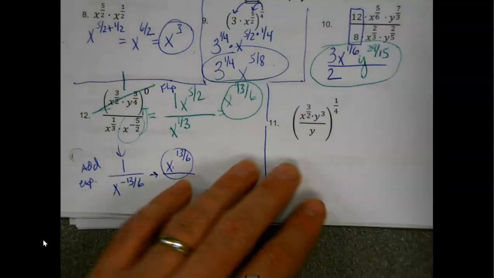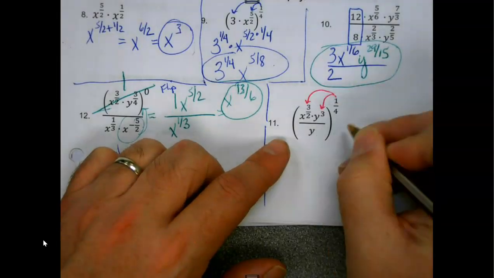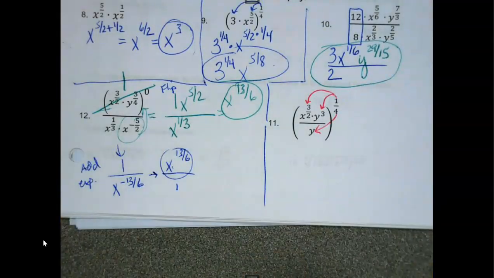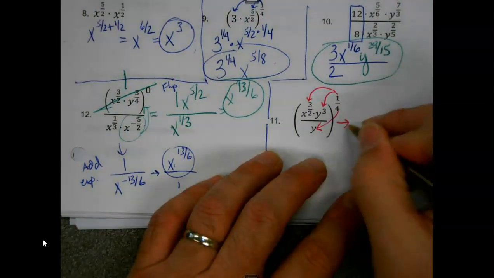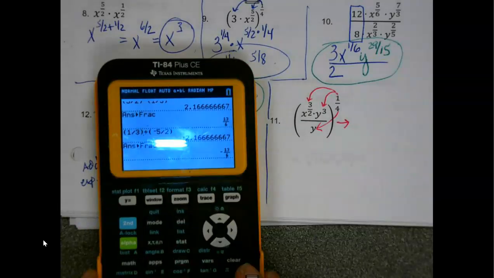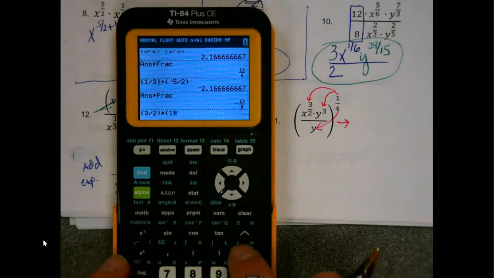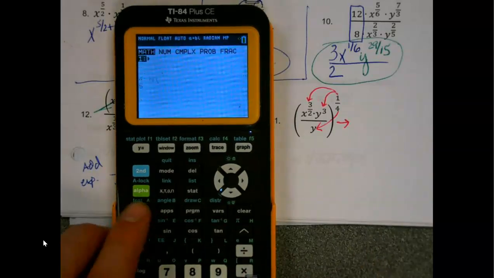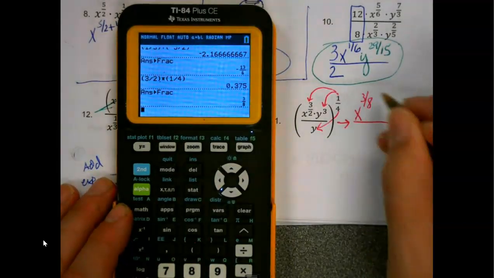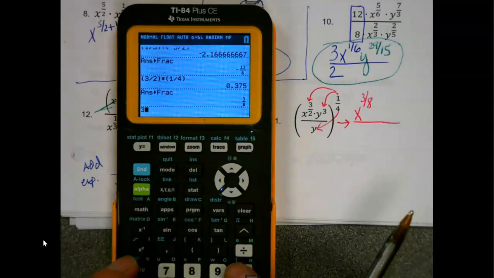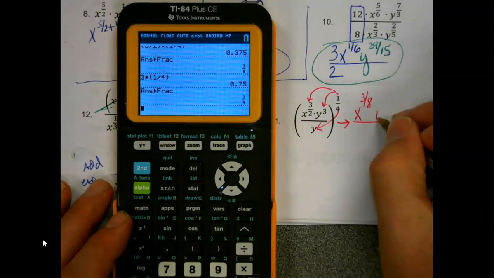Okay. Last one. Any exponent on the outside, every single variable inside gets a little 1/4 today. So we're multiplying exponents. 3/2 times 1/4. Math, enter. So we have x to the 3/8. Then we got 3 times 1/4, which is 3/4.